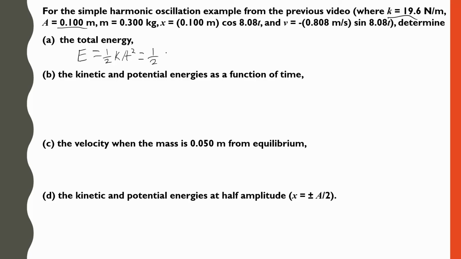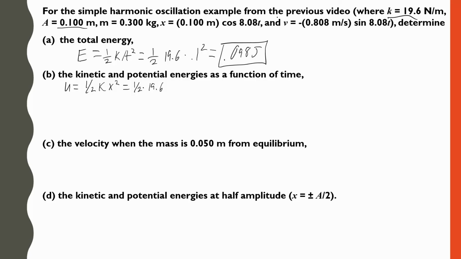So moving right along, we've got this, and it works out to be 0.098 joules of energy in that oscillator. And we can write the kinetic and potential energies as functions of time. So we'll start with the potential energy. 1/2 times 19.6.